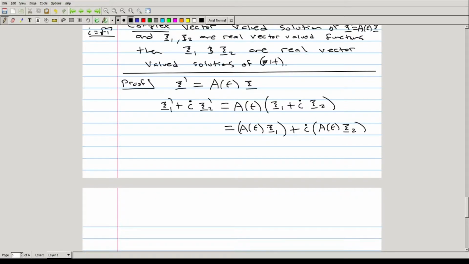And because xi1 is a real vector valued function, xi2 is a real vector valued function, and A of T is a matrix of real coefficients, we have to equate the real and the imaginary parts of these two complex vectors. So we have to conclude that xi1 prime is equal to A of T times xi1, and that xi2 prime is equal to A of T times xi2.